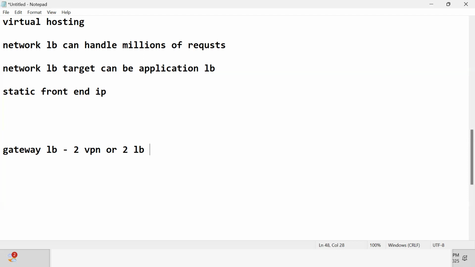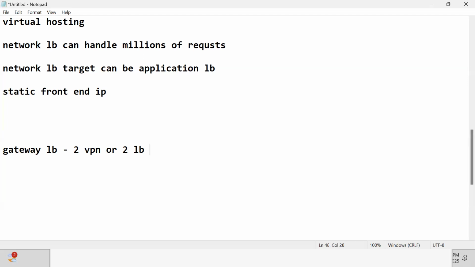In which load balancer can you configure a static IP? The network load balancer, and the Gateway load balancer. Which load balancer supports TCP and UDP level? Not the application load balancer; TCP and UDP level is supported by the network load balancer.